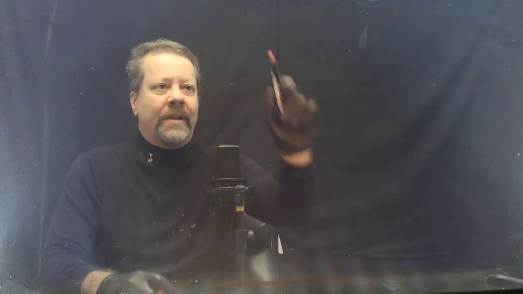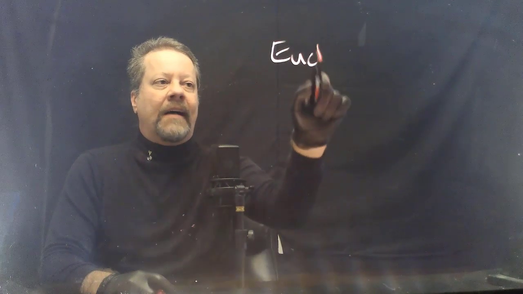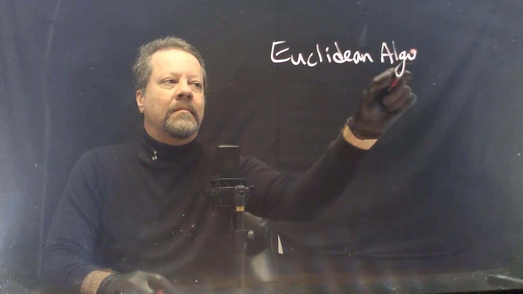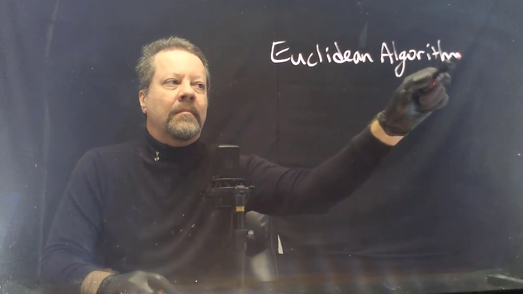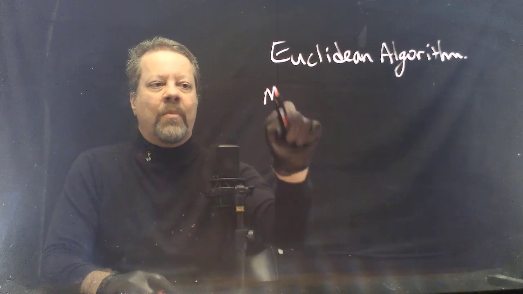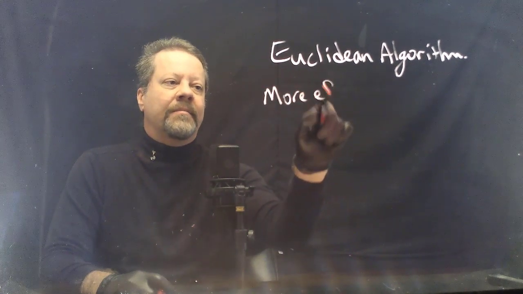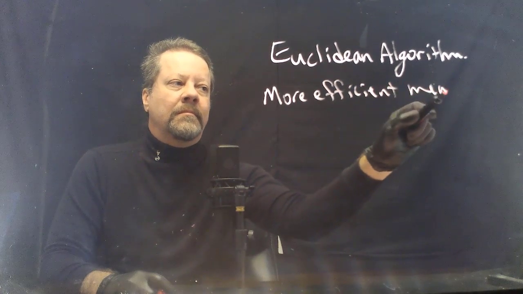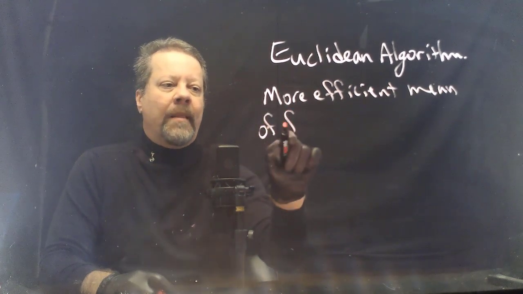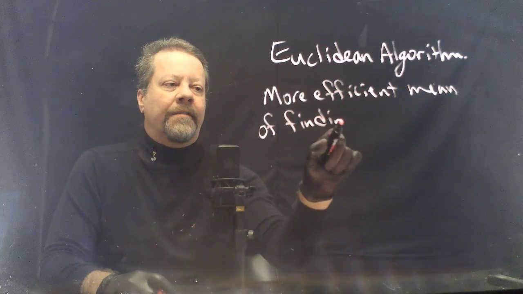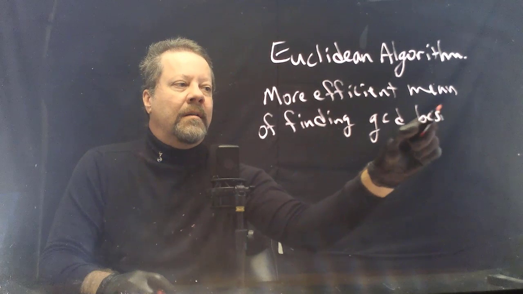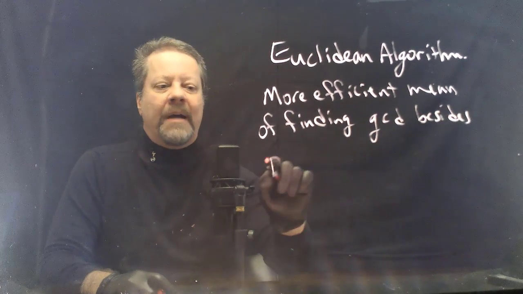We're now going to look at something called the Euclidean algorithm. This gives us a more efficient means of finding the greatest common divisor besides prime factorizations.